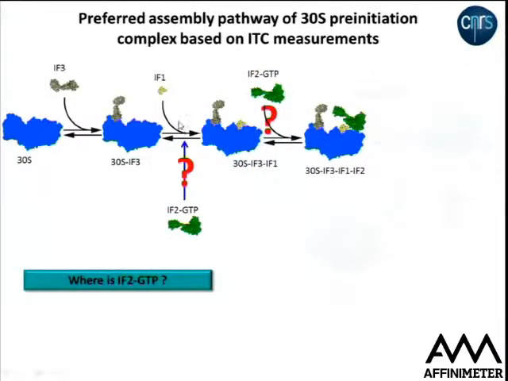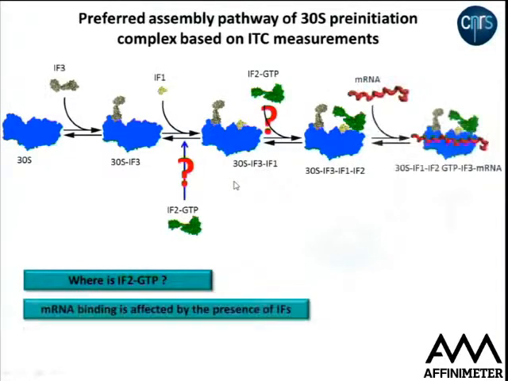So the collection of the data is not finished yet, but this is the model we can propose at the moment, where 30S binds first IF3, then IF1, then we still have to place IF2 GTP somewhere. We have to make more experiments, we don't know yet.